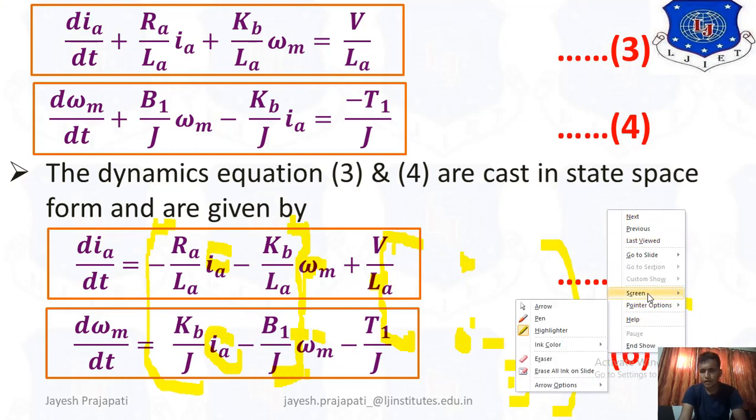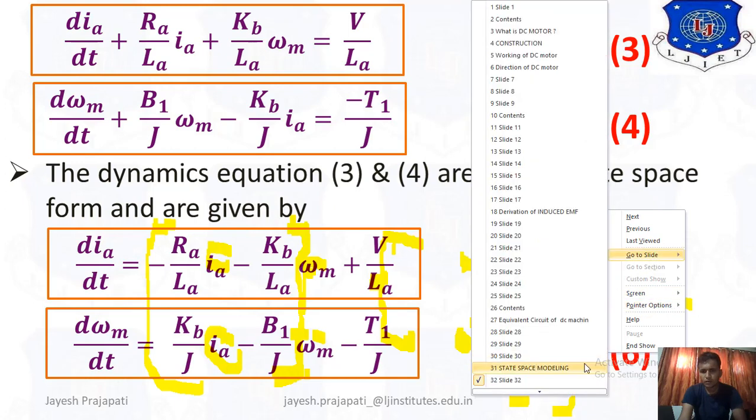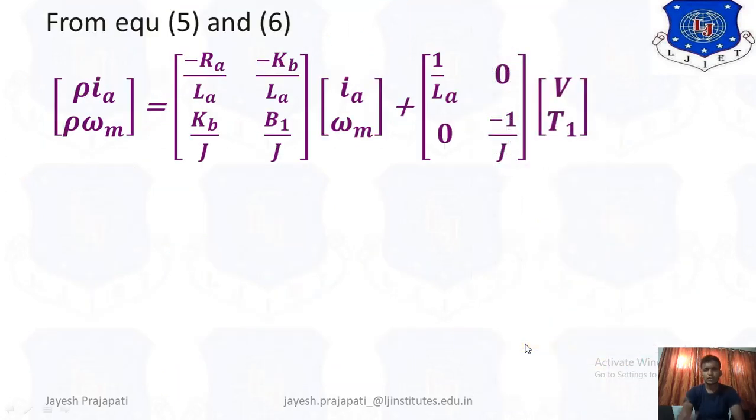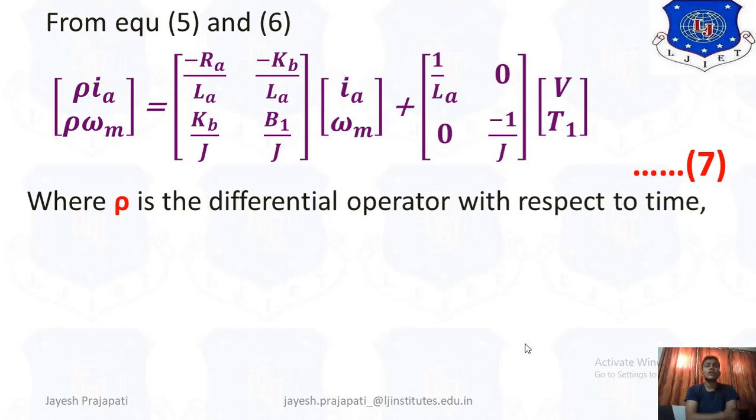So we try to see what happens in this equation. You can see that is the matrix form that comes from equations number 5 and 6. So we can say that is equation number 7. Now for simplicity we say that here rho is a differential operator with respect to time.